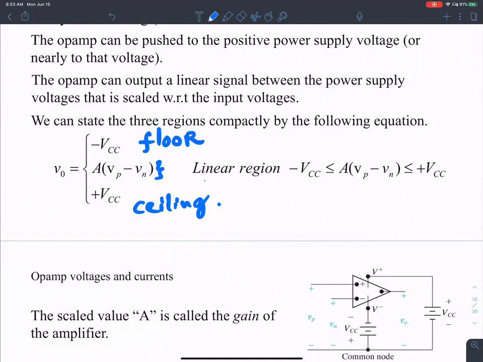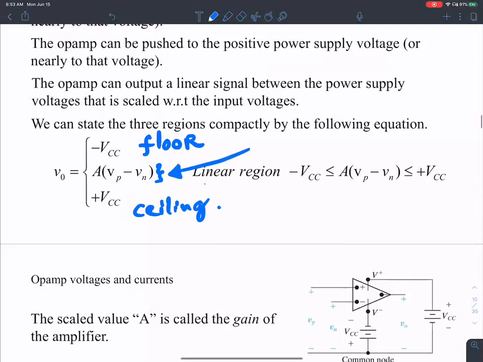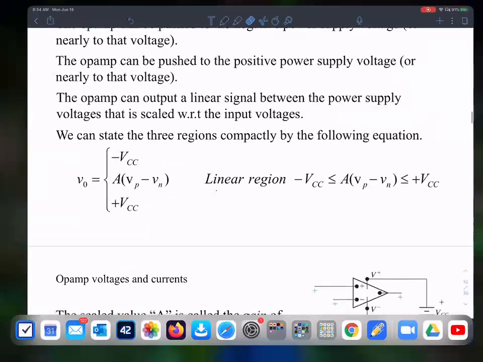So when you're jumping inside your home, you could be in the linear region, without hitting the floor or the ceiling, or you could be hitting the floor, that's the bottom saturation, or you could be hitting the ceiling, that's the plus VCC. So that's the idea of three regions of operation.